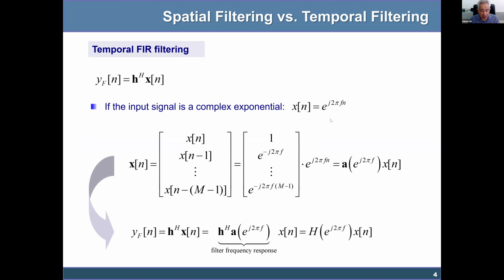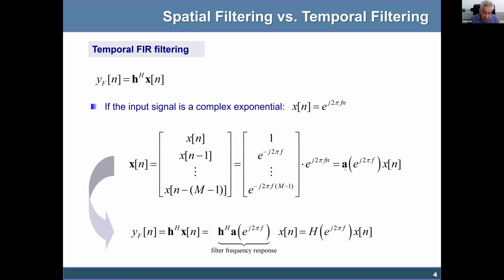Now, you should remember that if the input is a complex exponential at frequency f, what is the output of a linear time invariant filter? So if this is the input, the vector x has this structure. So you have x of n, x of n minus 1, and so on. So you can express this vector x as e to the j 2 pi f n, and then you have n minus 1, n minus 2, and so on.